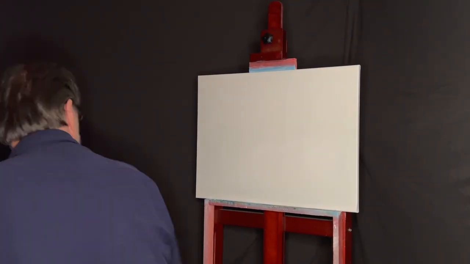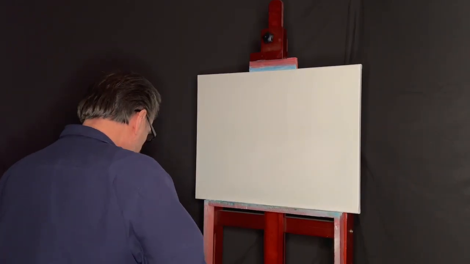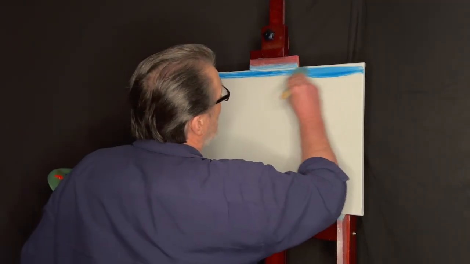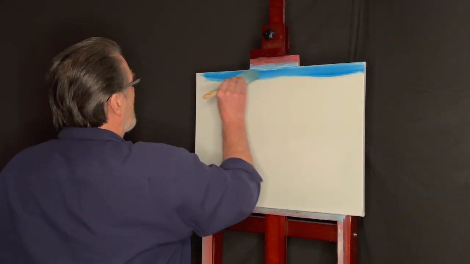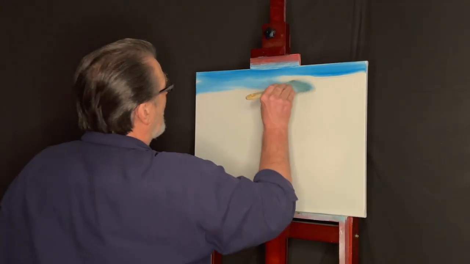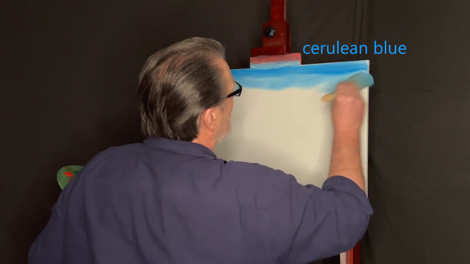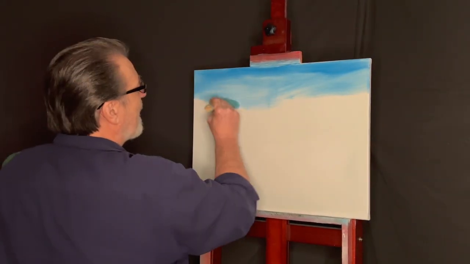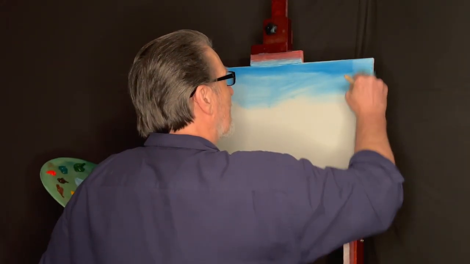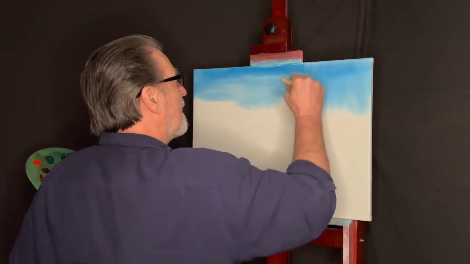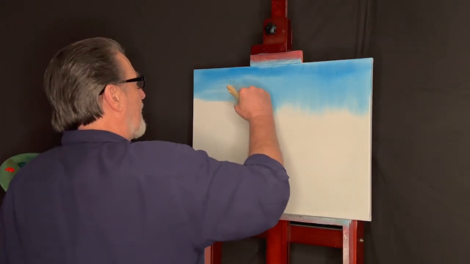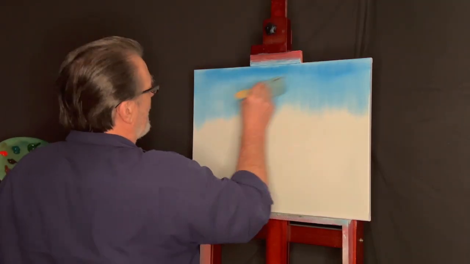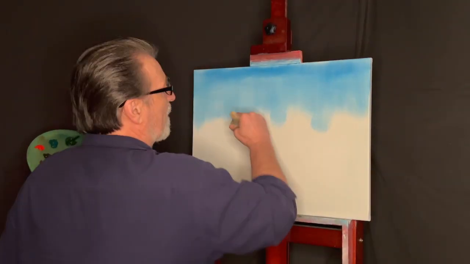Now today, I don't care too much about the sky. I want it to be mostly blue. I don't care if it looks like there's a few high, thin clouds, but I mostly want a sunny day today. So it looks like it's a really nice day up in the mountains. Like I said, if it looks like there's a few clouds, that's fine, but I'm not going to worry that much about clouds or anything.